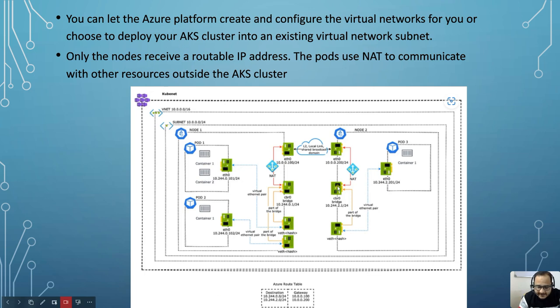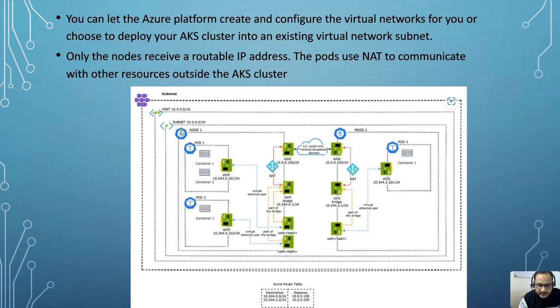If you can see in this particular diagram, this is with the help of Kubenet. If you see the virtual network VNet, we have 10.0.0.0/16, and the subnet IP address we have here is 10.0.0.0/24.